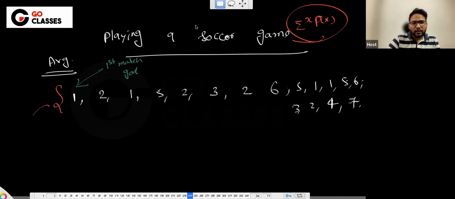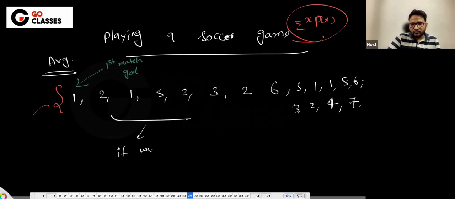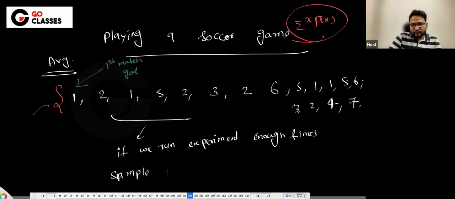So if you have enough number of data points, then I can say your sample probabilities are almost same as real probabilities.